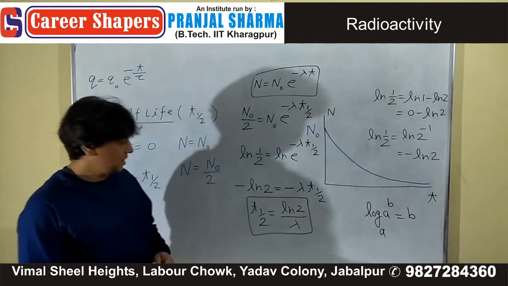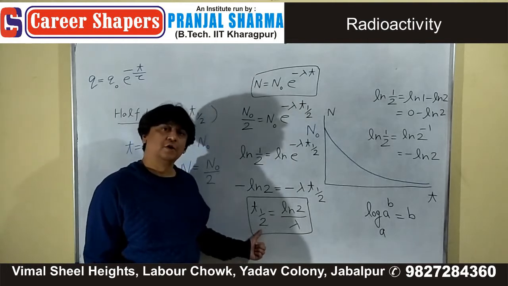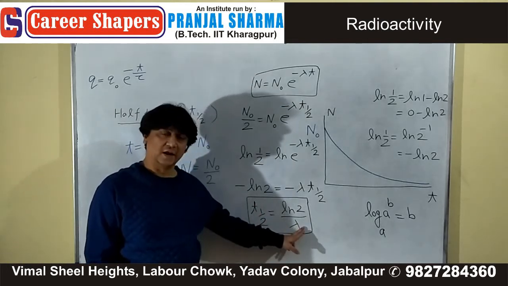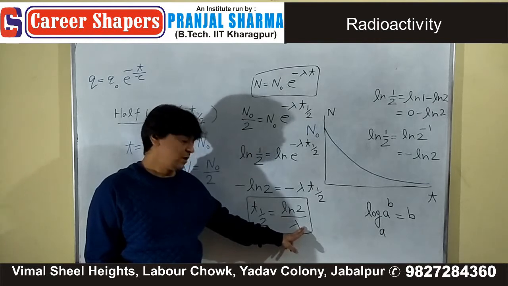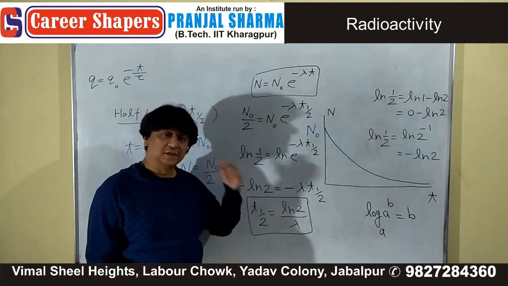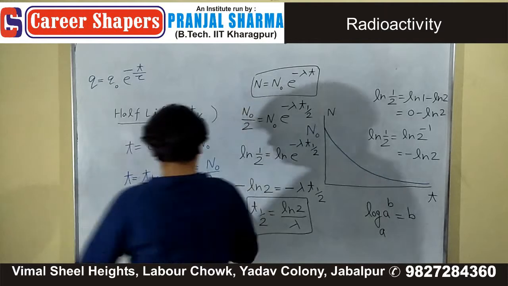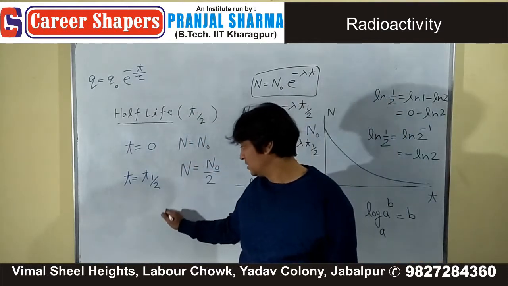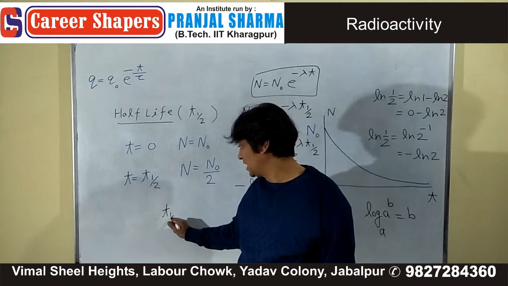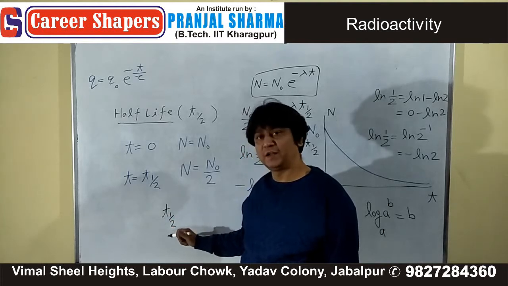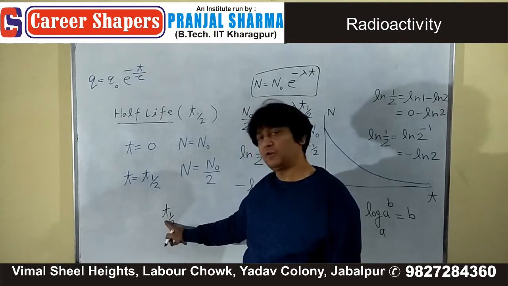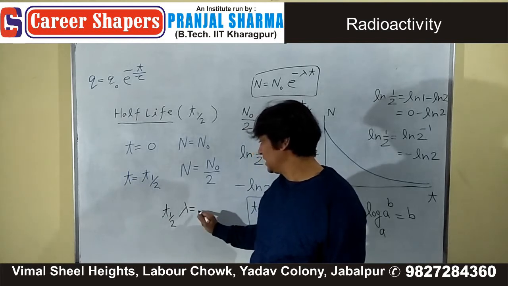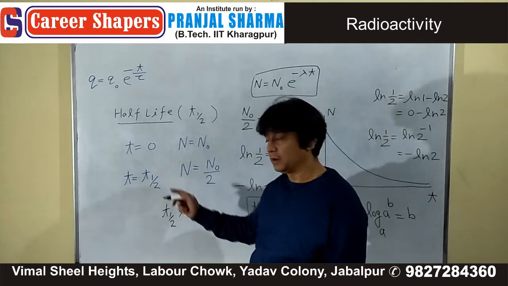This is the half-life of a radioactive sample in terms of its decay constant, which also says this: for each and every radioactive nuclide, the product of half-life and decay constant is always a constant.